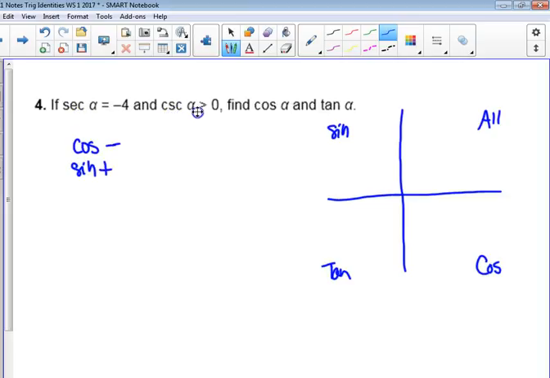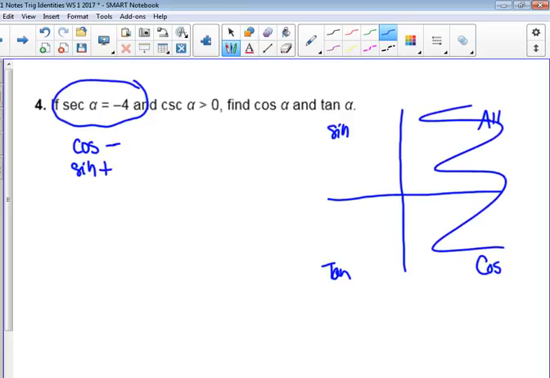If the cosecant is greater than 0, what does that mean? Positive. So the sine is also positive, because that's the reciprocal. So where is cosine negative and sine positive? Okay, so here was secant or cosine were negative. That's not true over here. Sine is positive, so we're in quadrant 2. Everybody okay?